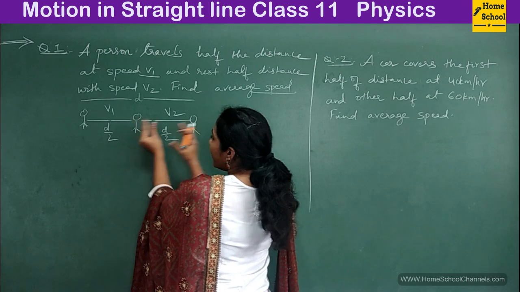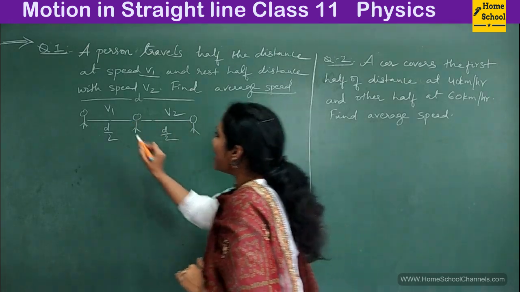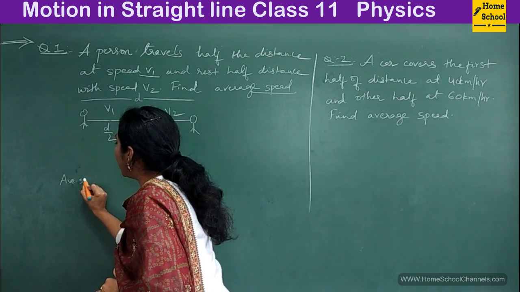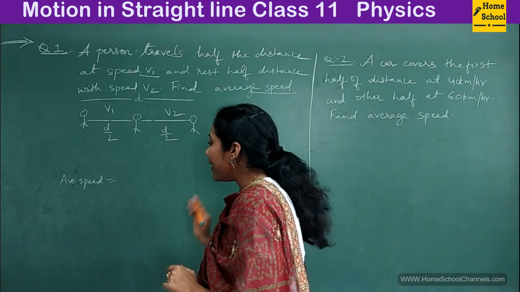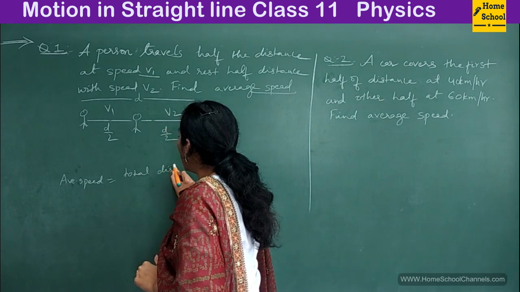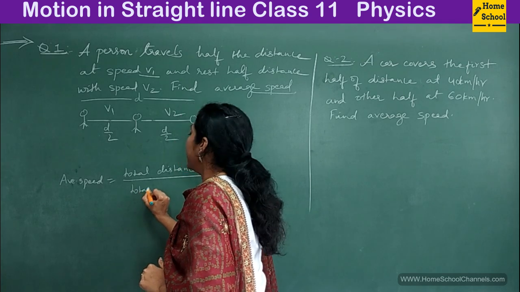Distance from halfway to the final point is d by 2. So what did they ask you to calculate? They asked you to calculate average speed, isn't it? So just stick to a formula here. What is our average speed? It is total distance divided by total time.